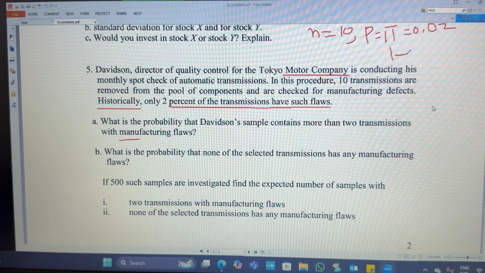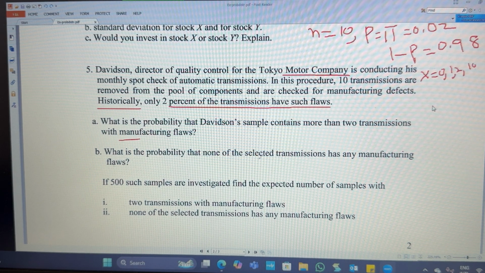Then 1 minus p is 0.98. Then your x may be 0, which means no defective item, maybe 1 or 2, then up to 10.